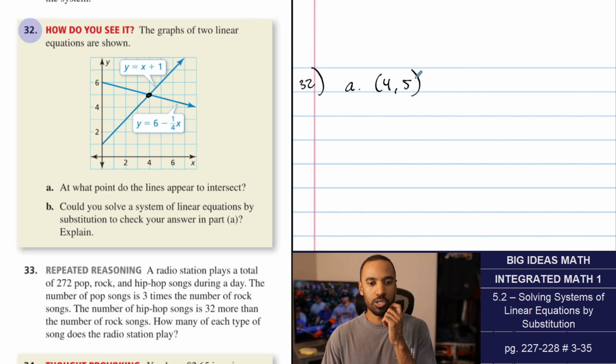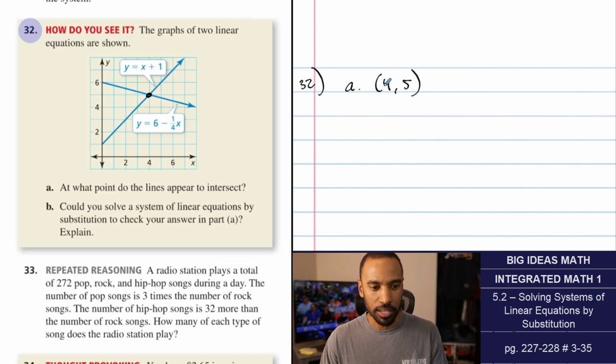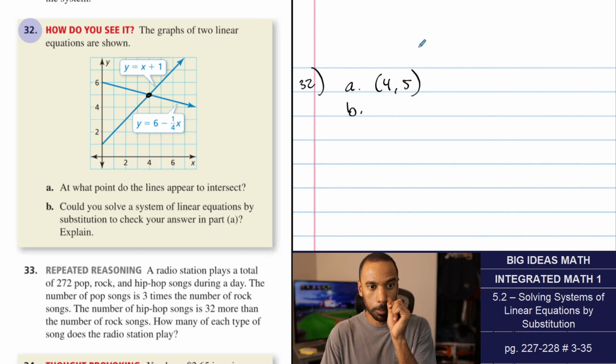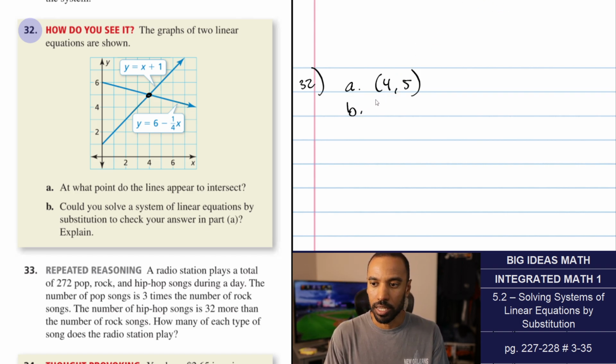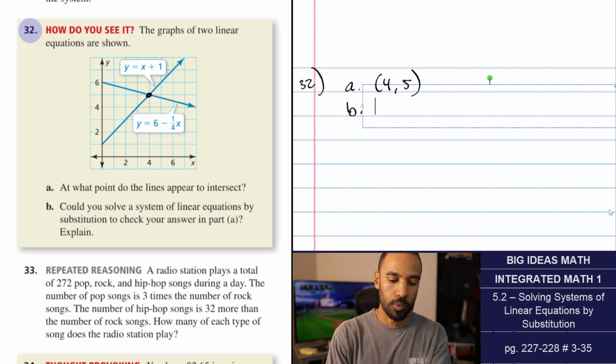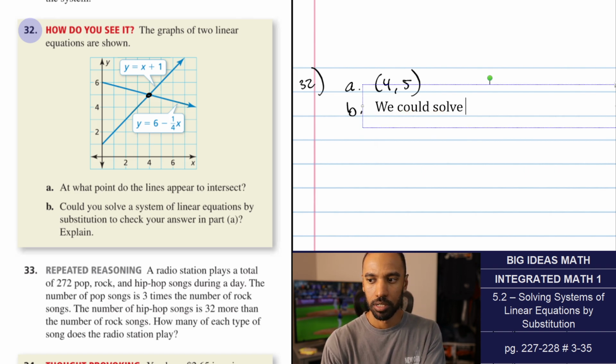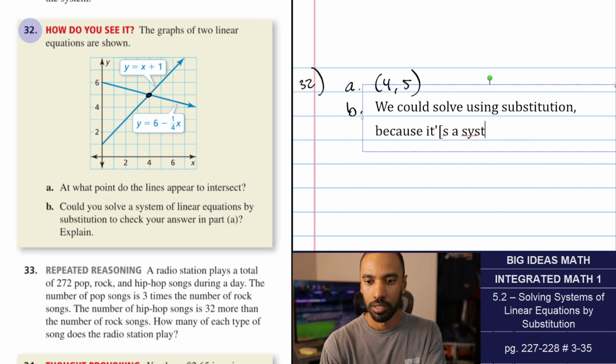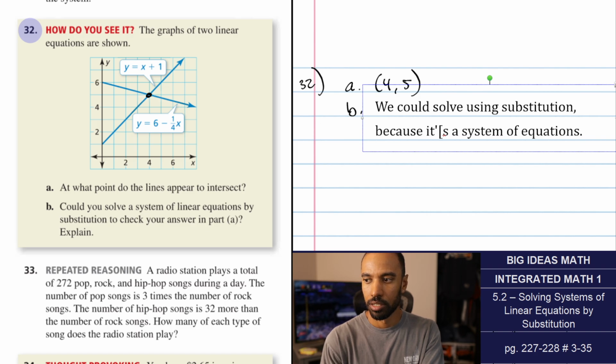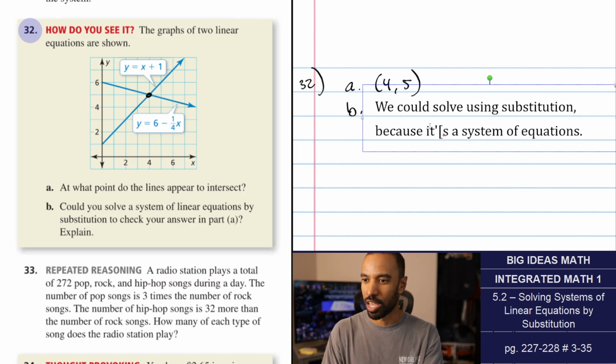Part B, could you solve it by substitution to check your answer in part A? Explain. Yes. Do they want me to solve? Because they said, could I? Yes. We could solve using substitution. Because it's a system of equations. I don't really know what I should be saying for that one.